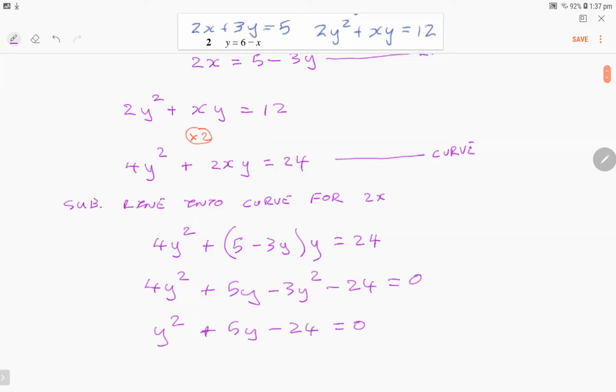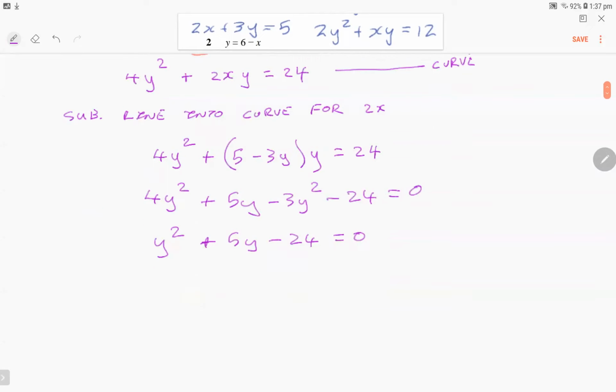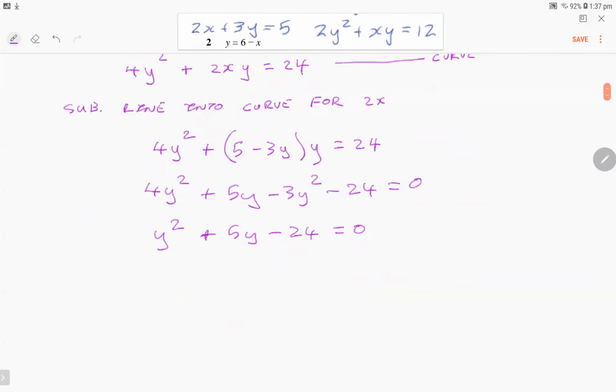So it's pretty simple now. I want factors of 24 where the difference is 5. Remember what we did when the first term is just a squared term? Because it's a minus, I want the difference to be 5, and the 2 signs in the bracket will be different. So let's work it out. I'm going to have 2 bracketed terms like this equals 0. Y and y.